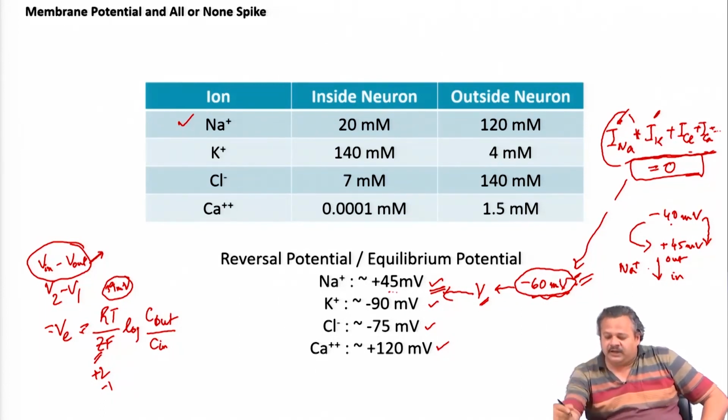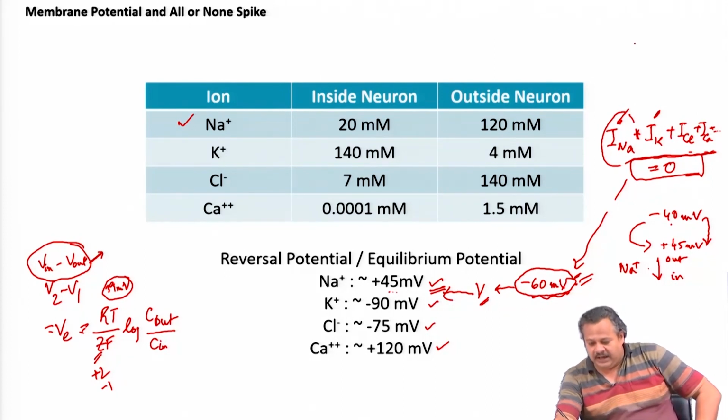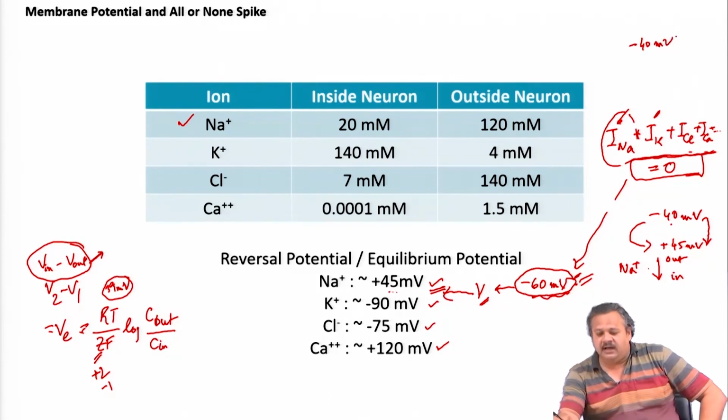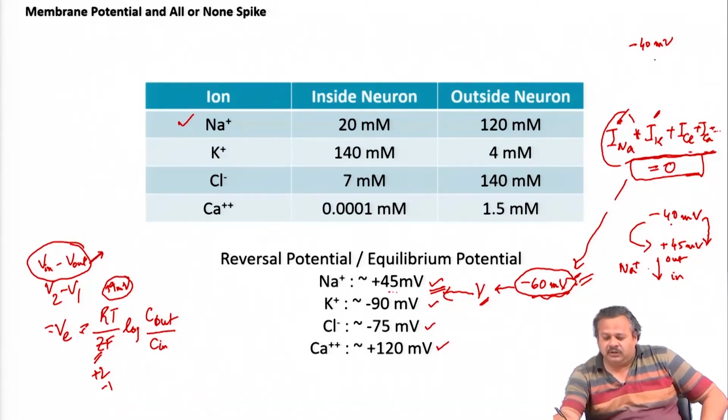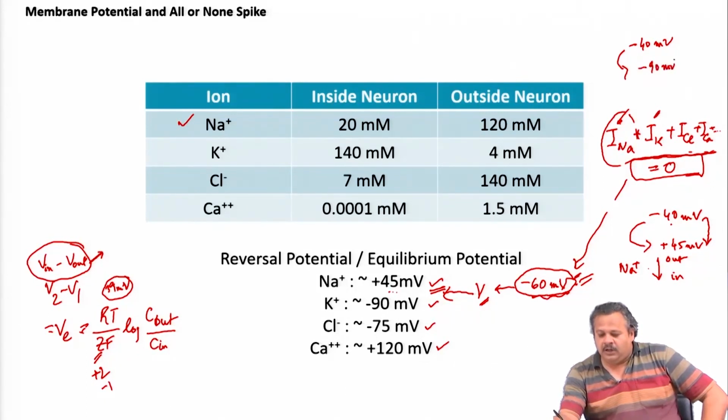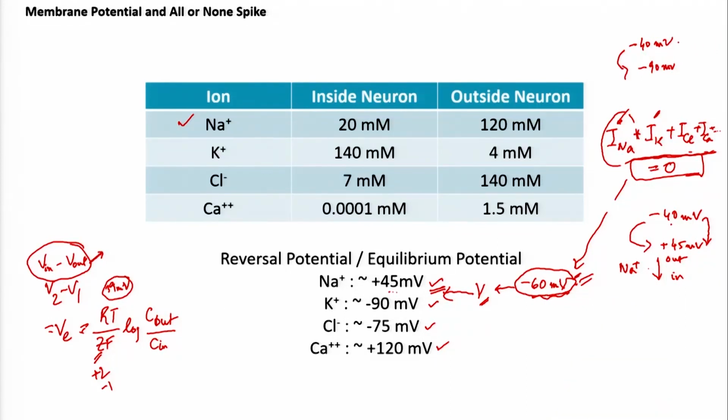Similarly, let us say the membrane potential is minus 40 millivolts, and a substantial amount of conductance for potassium is present. The potassium equilibrium potential being minus 90 millivolts, the potassium will flow in such a direction that this minus 40 millivolts is pulled towards minus 90 millivolts.